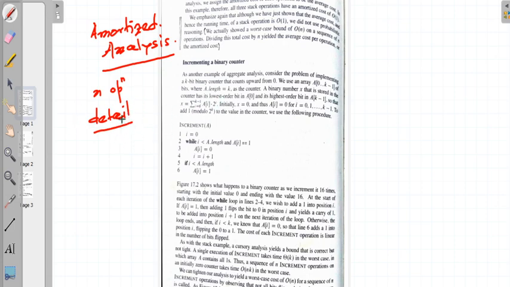That is the main viewpoint, and that could be implemented as well by using the potential method.